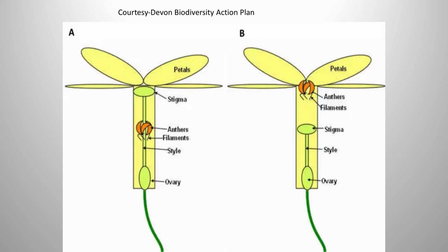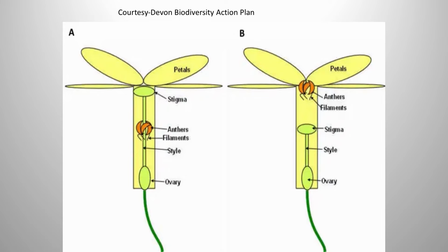So, this is a condition seen in case of primula flower. This was discovered long back by Darwin, the pin-eyed and thrum-eyed. So, in picture A you will find the pin-eyed flower, and in the picture B you will find the thrum-eyed flower.